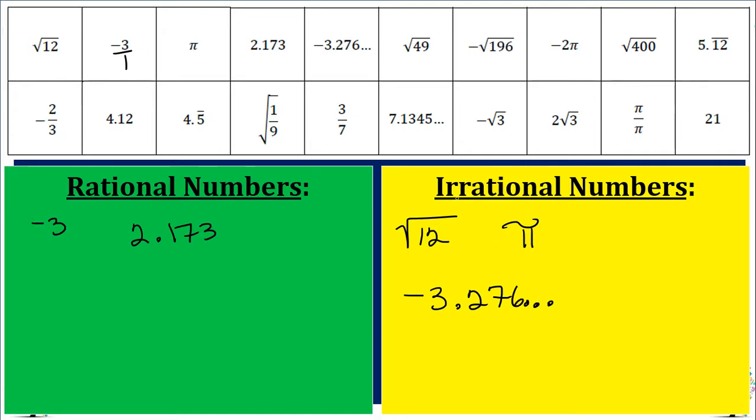Don't forget your ellipses. The square root of 49, oh, I forgot, let's turn this into a fraction. And it's tenths, hundredths, thousandths. Here we have the square root of 49, which is 7, and we can put it over 1. This is a perfect square, so we get negative 14, and we can put it over 1.